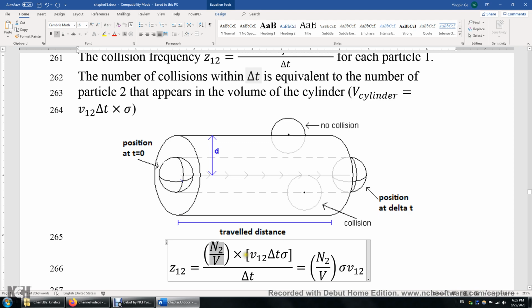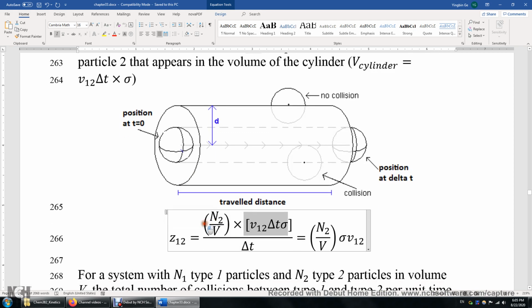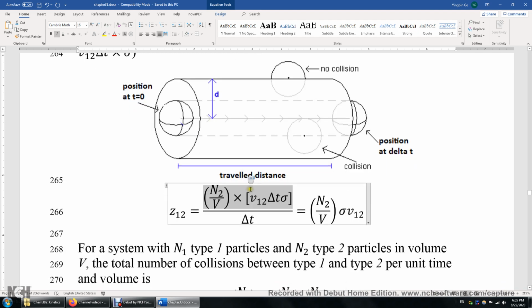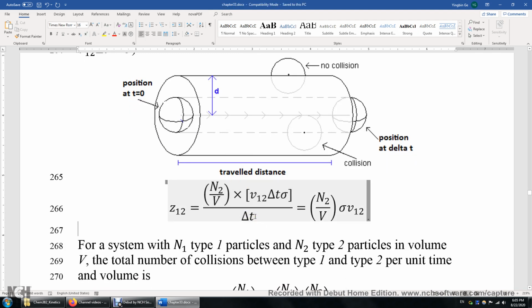The number density times the volume of the cylinder, we get the total number of type 2 molecules with its center sitting inside the cylinder. And this is the number of collisions between this type 1 particle and type 2 particles within this time interval. So divided by this time interval, we get the collisional frequency over here.